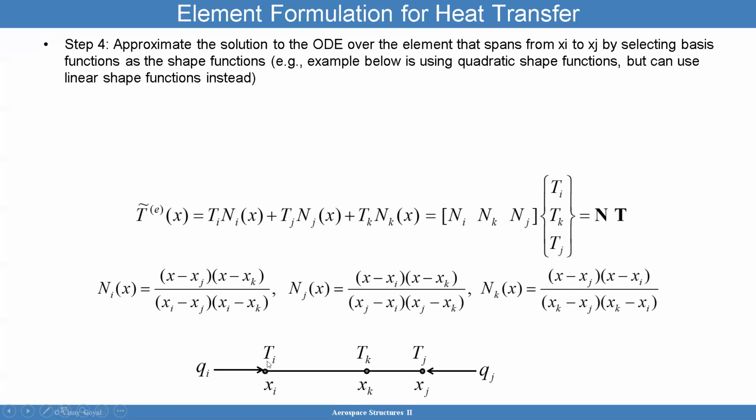You can see that if I put xi here, xi minus xj cancels out, xi minus xk cancels out with this, so I get 1. So these polynomials are carefully chosen in such a manner that I recover the temperature at that particular location, which is an incredible idea.